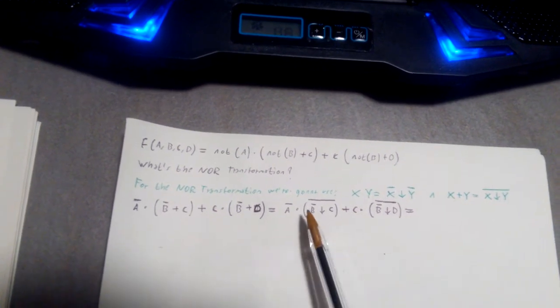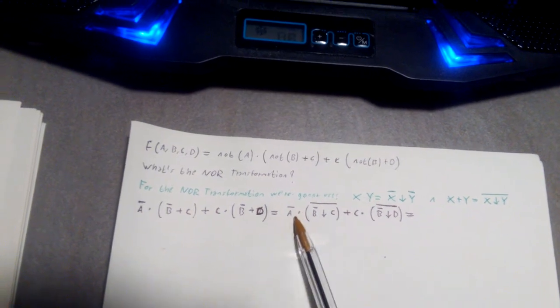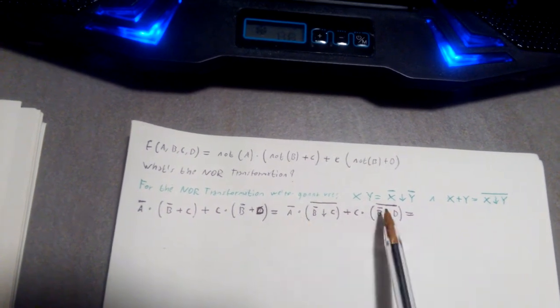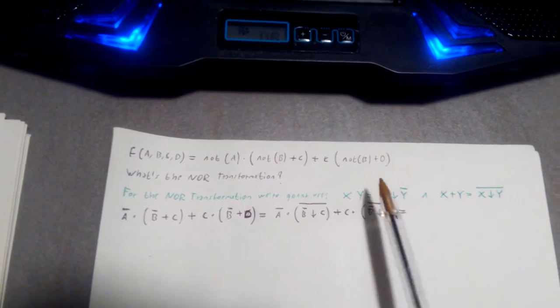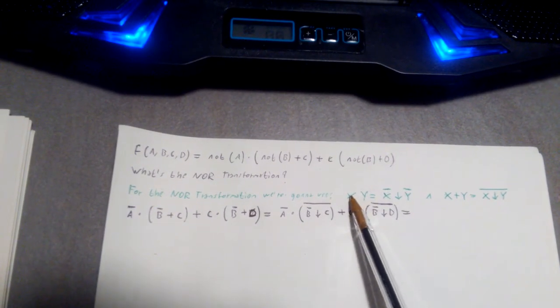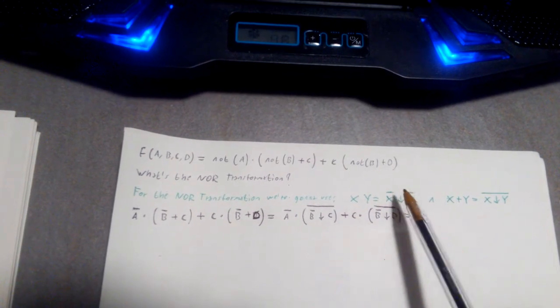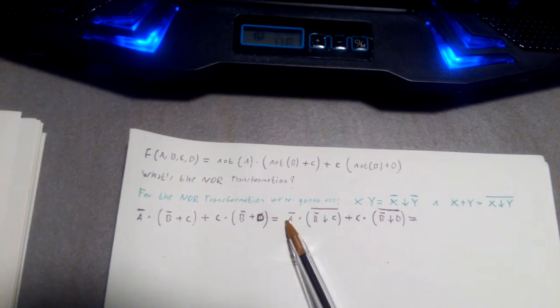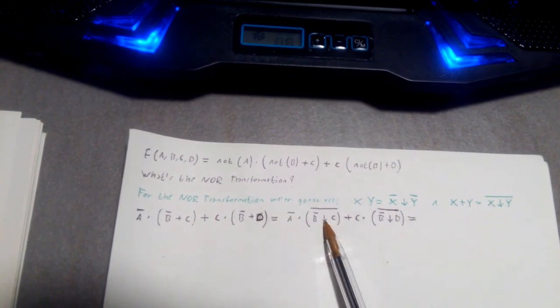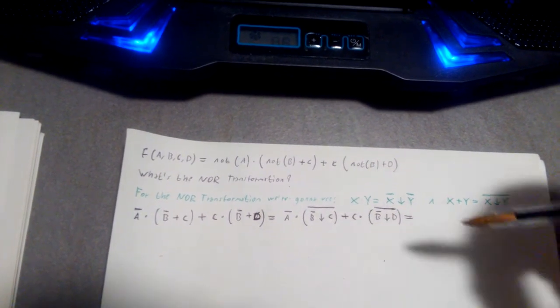I'm gonna go on. What I really want to get rid of is just the A times something and the C times something. In this case, I'm gonna use this other property, X times Y. So I'm gonna have a NOR, and put a not on top of each individual term. So I'm going to put a not on top of A and on top of this one, and here a not on top of C and on top of this one.